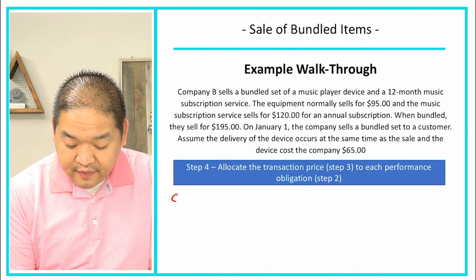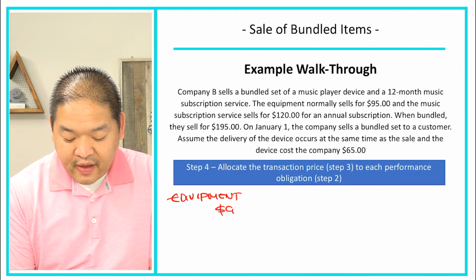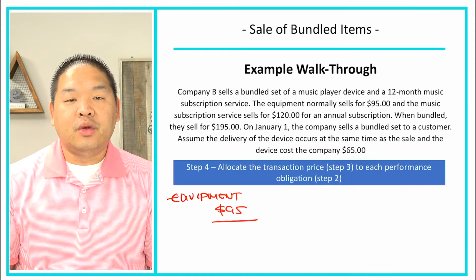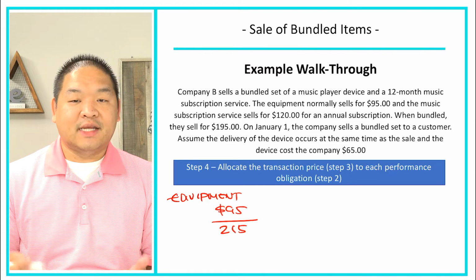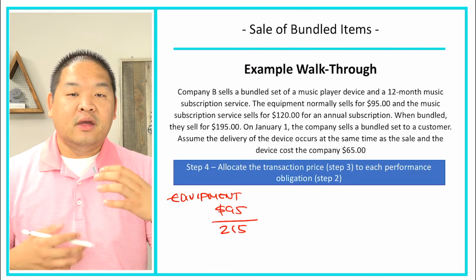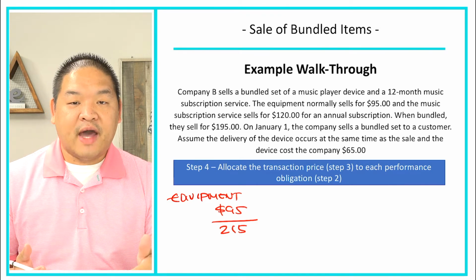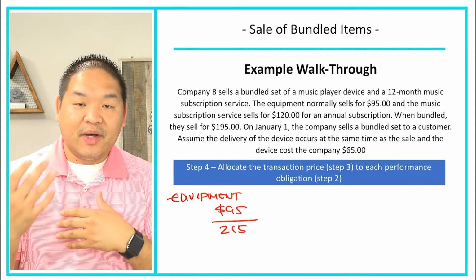So the equipment here normally sells for $95. Now, this bundle would normally cost someone $215. So we're going to create a percentage here. We're going to take how much we would normally sell that device, $95, and divide it by what we would normally sell the entire bundle if we didn't use the bundled price.